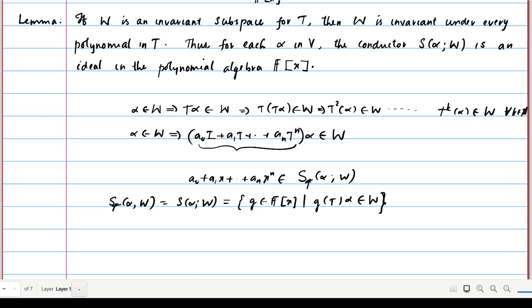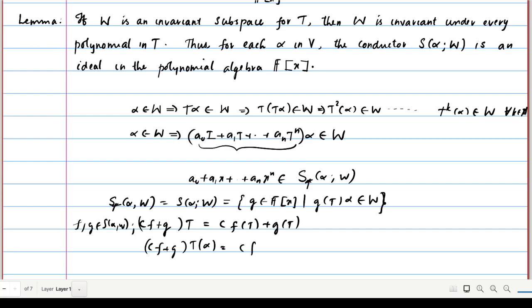Now you consider any two polynomials in this collection, c f plus g, where f and g are elements of S(alpha, W). Then (c f plus g)(T) is defined as c times f(T) plus g(T). Since W is invariant under T, you can say that (c f plus g)(T) alpha is equal to c f(T) alpha plus g(T) alpha.